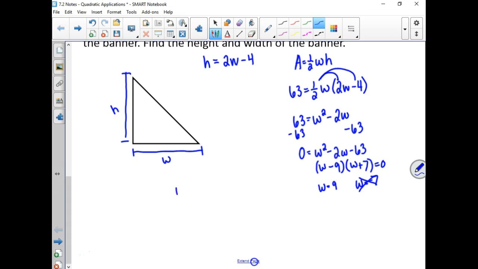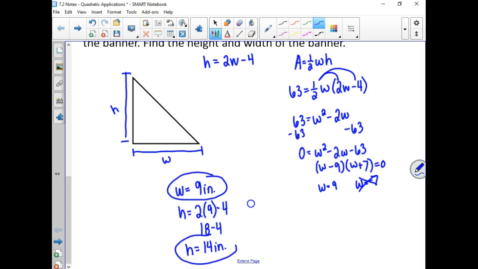So my width equals 9, we're measuring in inches here, so 9 inches. And the height is 2 times 9 minus 4, so that is 18 minus 4. So I get a height of 14 inches. So my dimensions of the banner here, I have a width of 9 inches and a height of 14 inches.